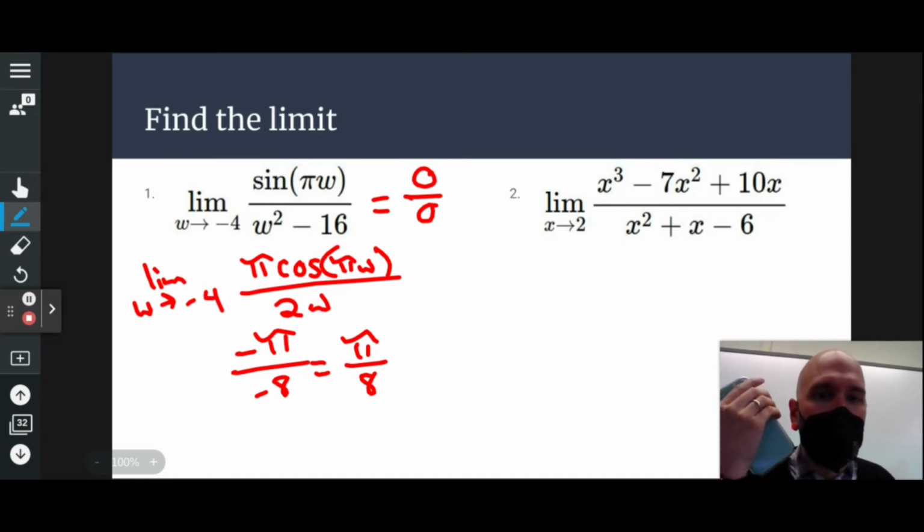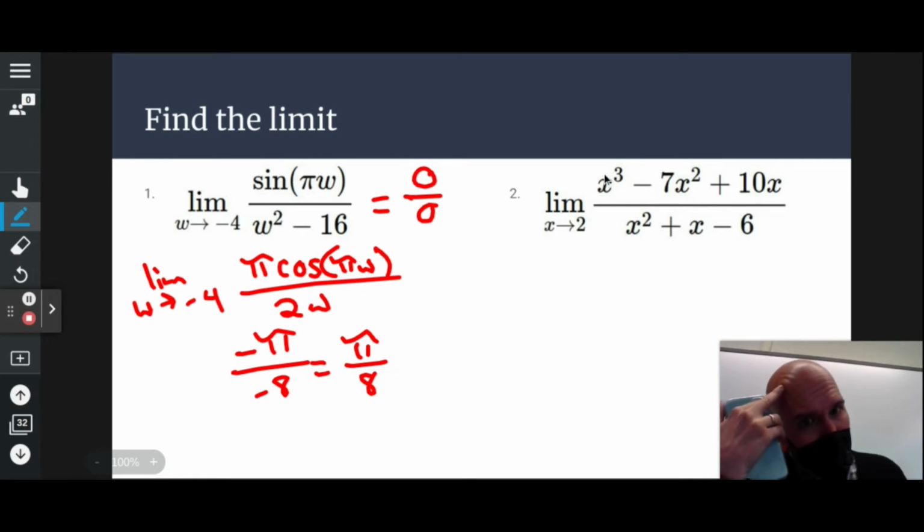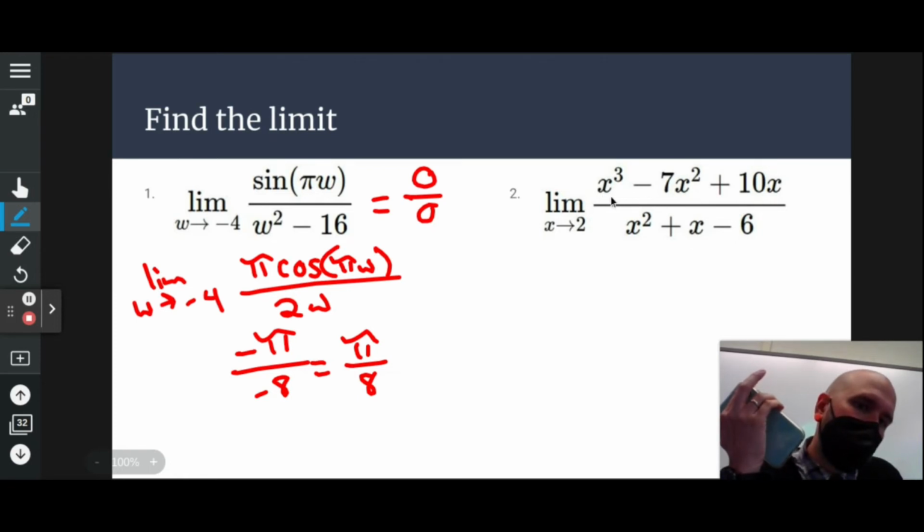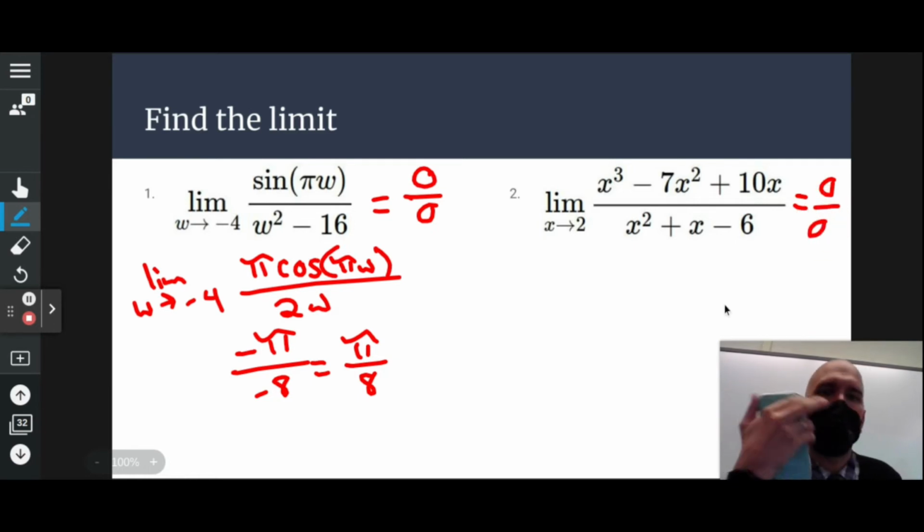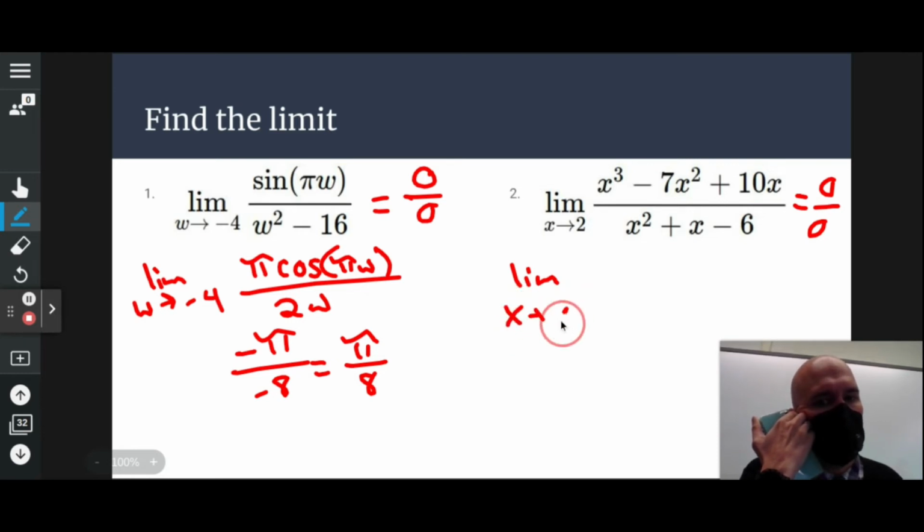If I plug in 2 up here, that'll be 2 cubed minus 7 times 4 plus 10 times 2. The answer is 0. 2 squared plus 2 minus 6. The answer is 0. So I'm going to take the derivative. So I have the limit as x approaches 2.